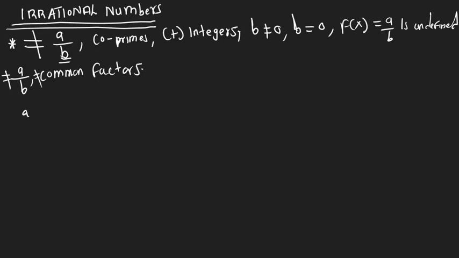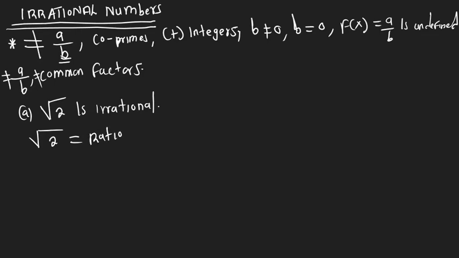So, prove that root 2 is irrational. It's a very good example I like giving. You use the proof by contradiction method, where you say no, in fact root of 2 is actually rational.